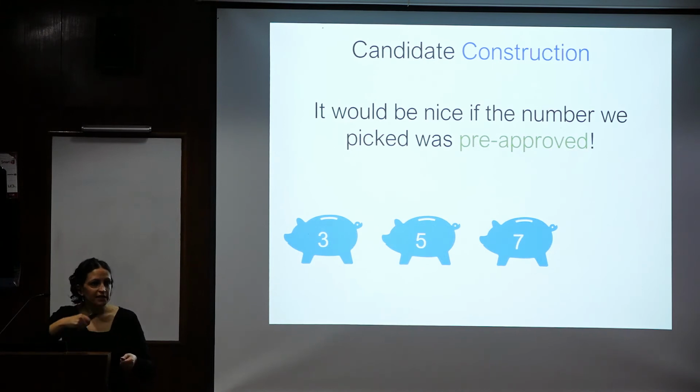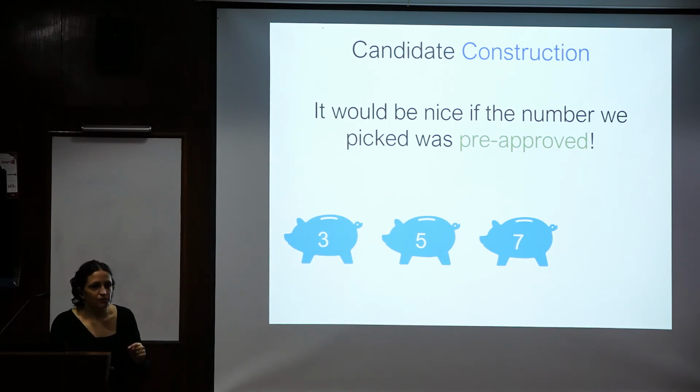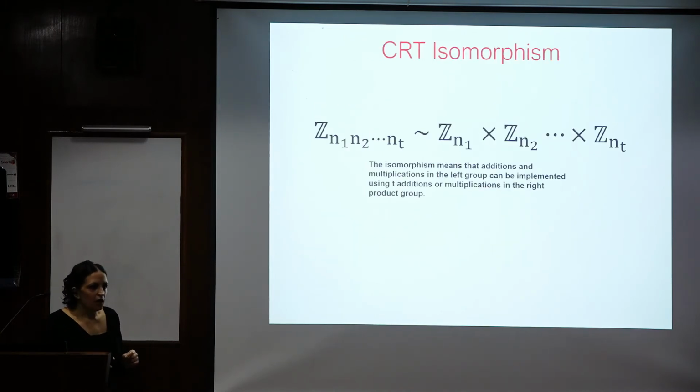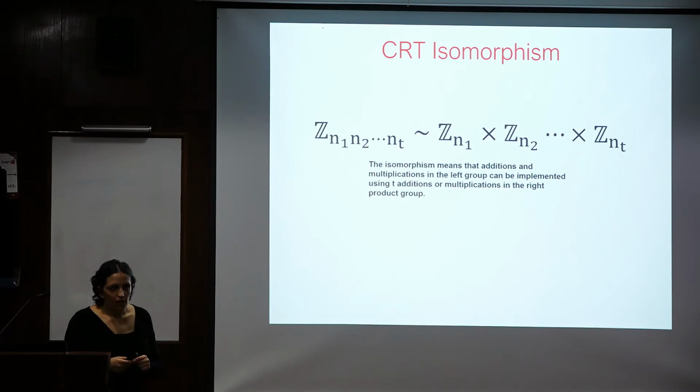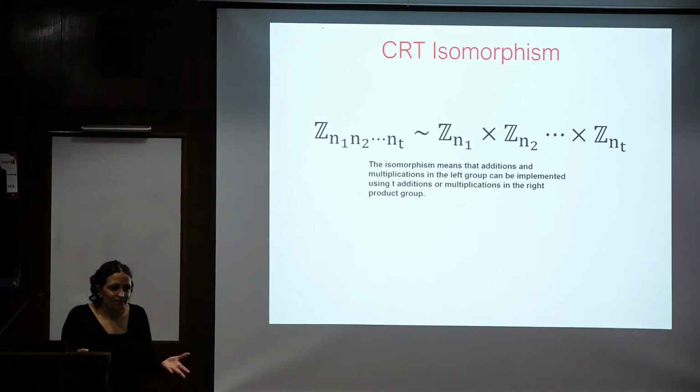What if we could first test and then compute, basically pre-approving the shares we want to use? So how do you do that? You use CRT. CRT has been used in many places, but it wasn't used in this context.